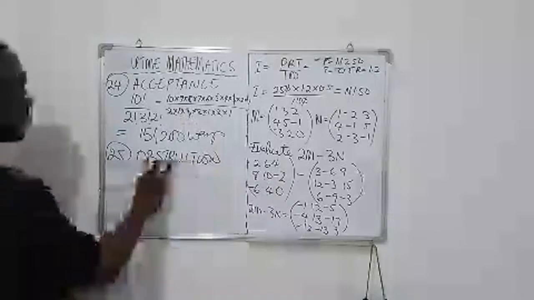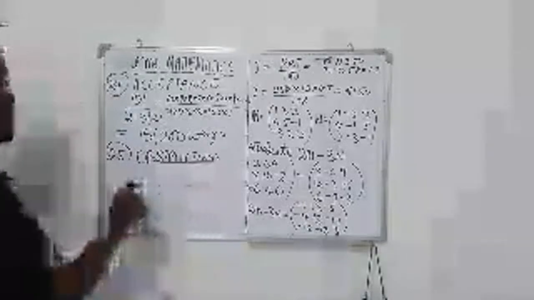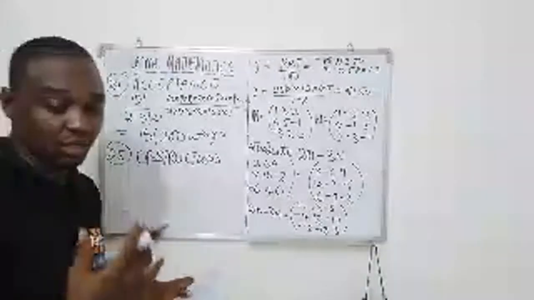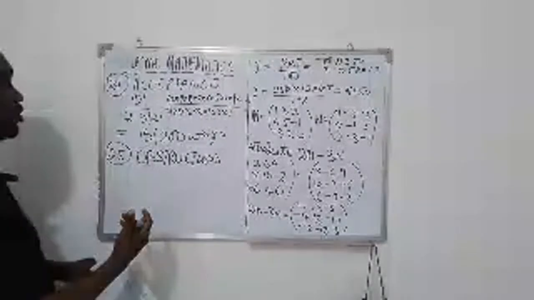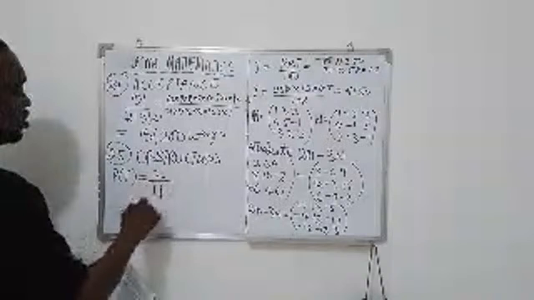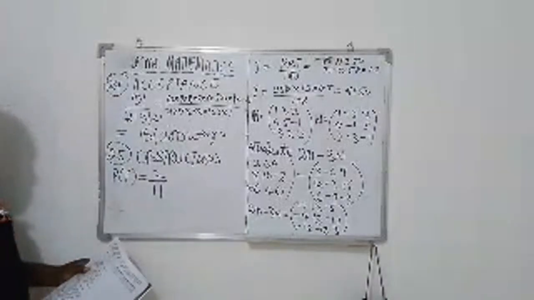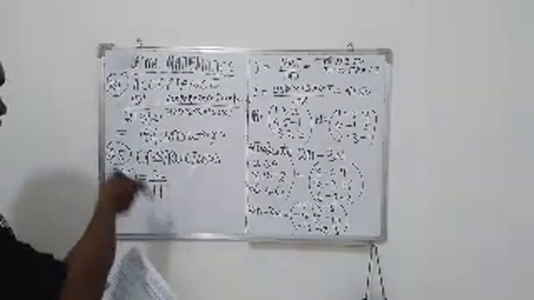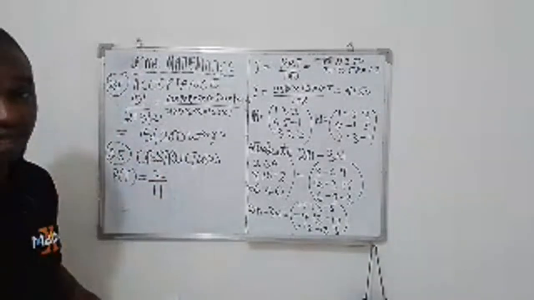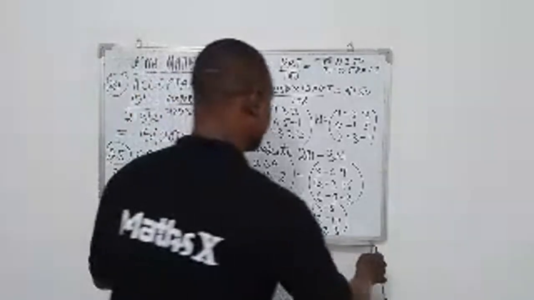So this is 8, 9, 10, 11. So we have 11 letters. In the word obstruction, there are two T's. So the probability of picking a T will be 2 over 11, just like that. You don't even spend up to 5 seconds. The answer is out. In short, with this particular kind of question, once you just read it, you've seen the answer. All right, so keep it that way, my dear students and viewers.